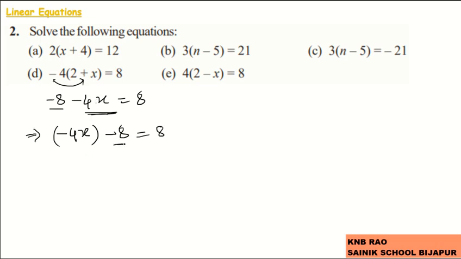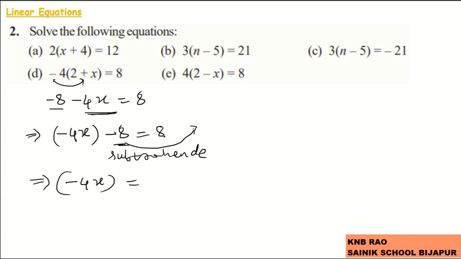Now what do you call this 8? It is a subtrahend. This subtrahend, when transposed to the other side, becomes the addend. So in the next step, minus 4x equals this RHS as it is, and this subtrahend after transposing became addend, 8. Now 8 plus 8 is 16, and this is minus 4 times x.